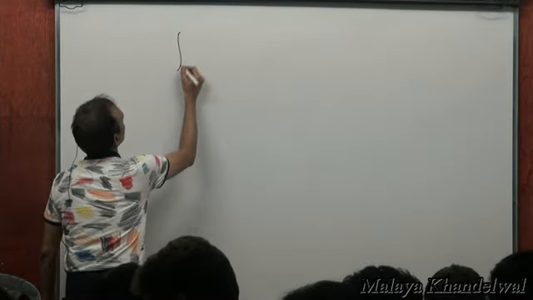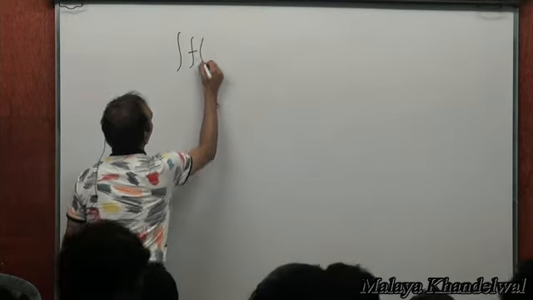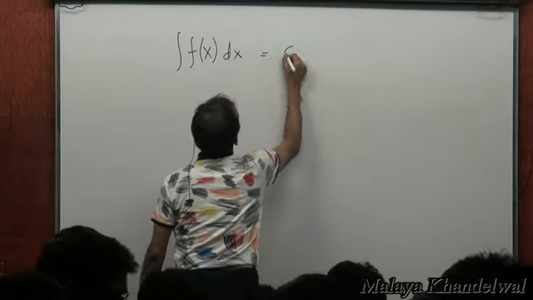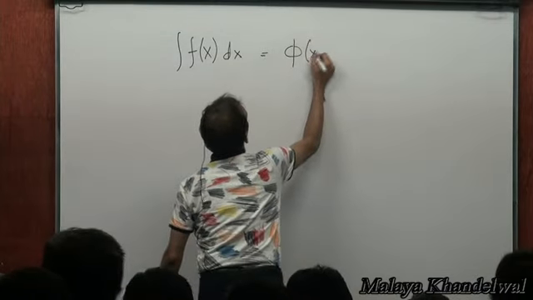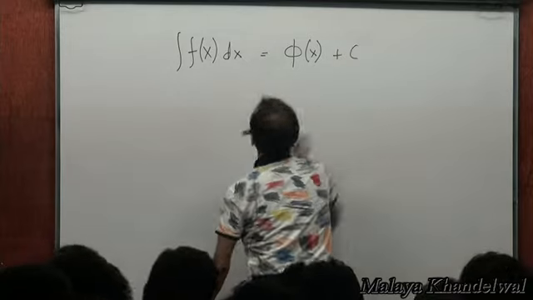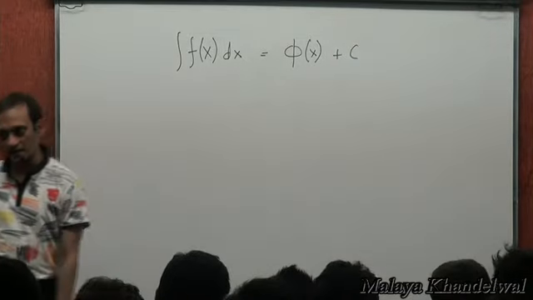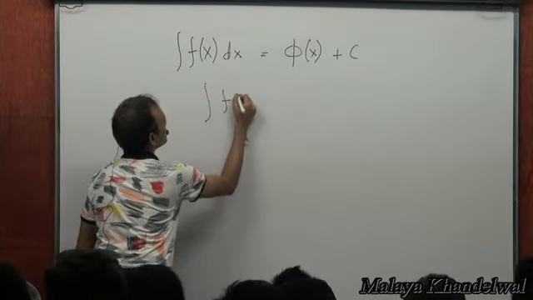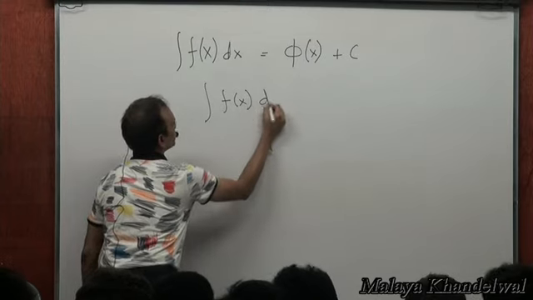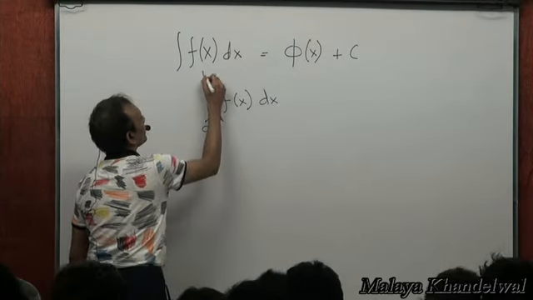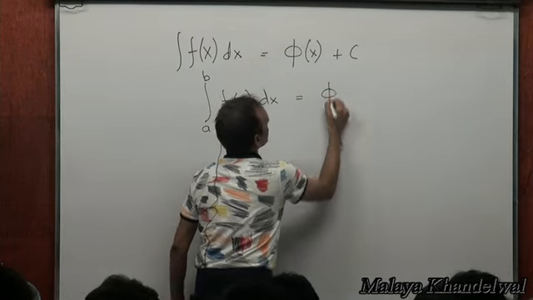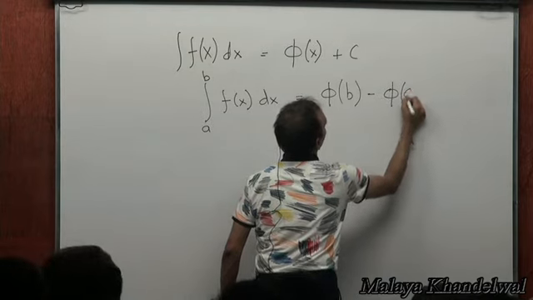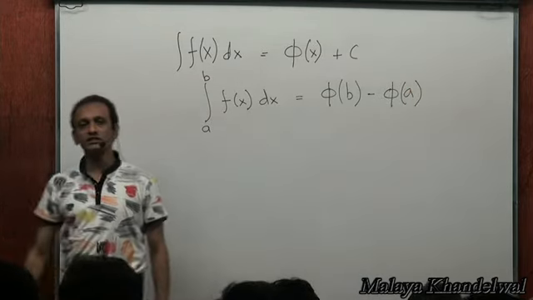One, if integral f(x) dx is phi(x) plus c, then integral f(x) dx from a to b actually means phi(b) minus phi(a). The constant of integration gets cancelled. All of us understand this, isn't it?